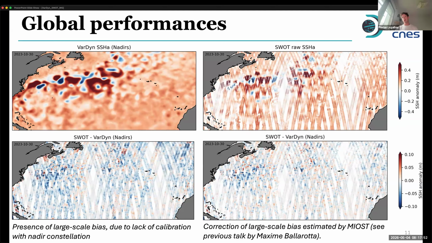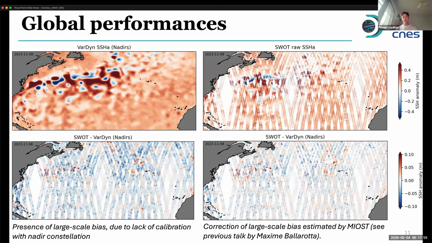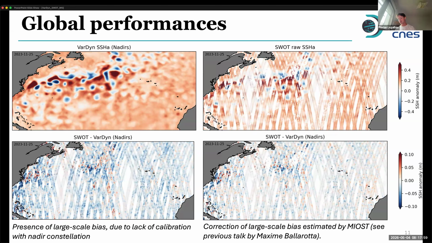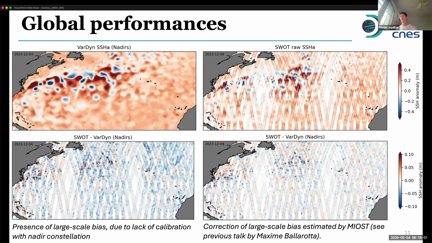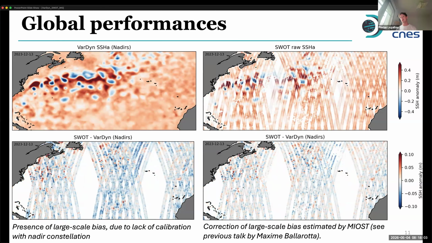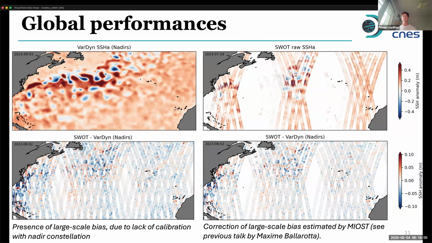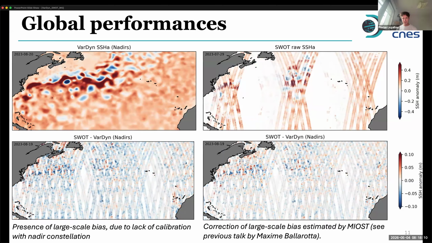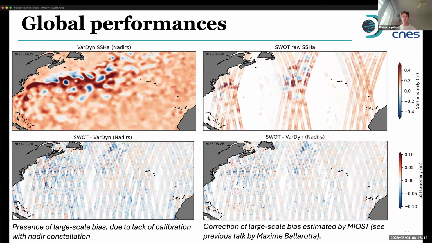To the left, if we use the raw SWOT data, and to the right, if we correct for a large scale bias estimated by the MIOST algorithm. So I think Maxime talked about that last month, but it's really key to have good performances.